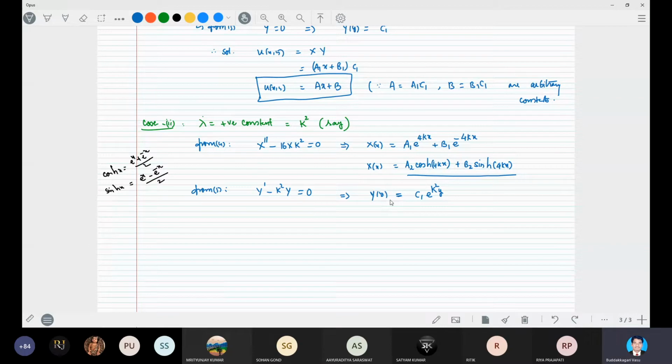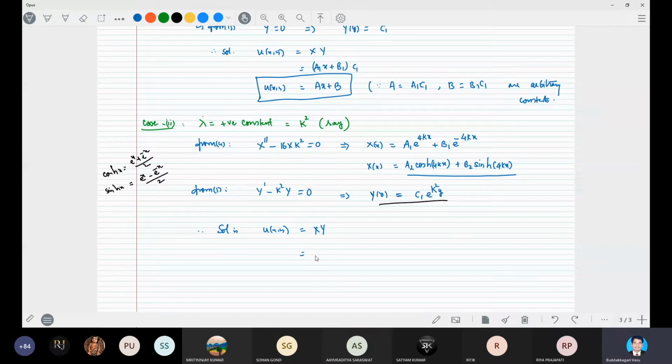They are direct equations. So therefore, now the solution is u of x comma y is equal to X of x into Y of y, to multiply. That is equal to, I just multiply these two by putting a2 c1 as again a constant.